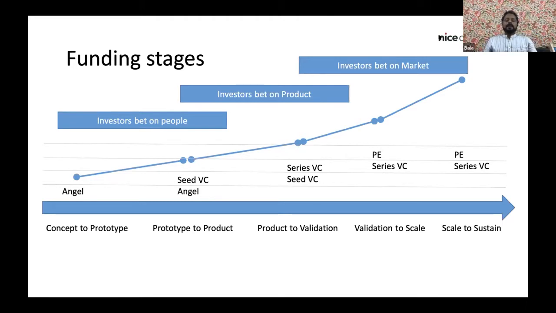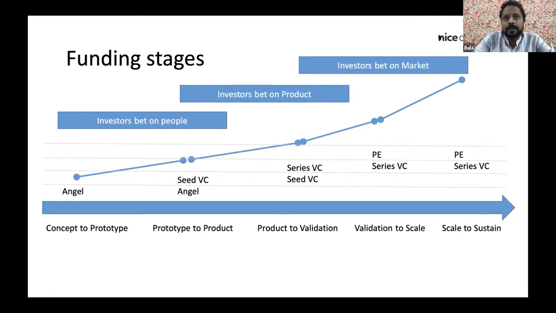And then the third one is once you are already validated, you have good traction, you can show a lot of customers, and you're looking for money to scale your business. Then they bet on the market. What market are you in, and is that worth betting on? They look at the market signal and they give you money on that.